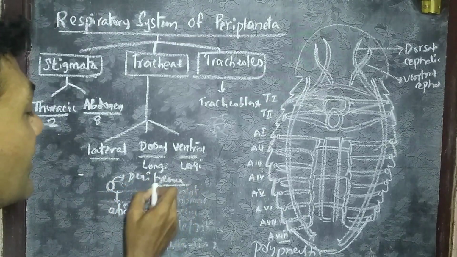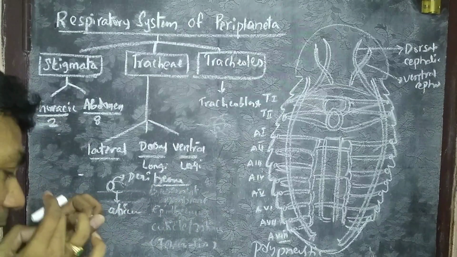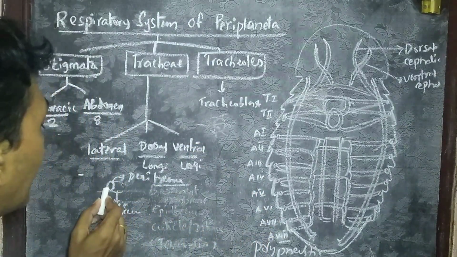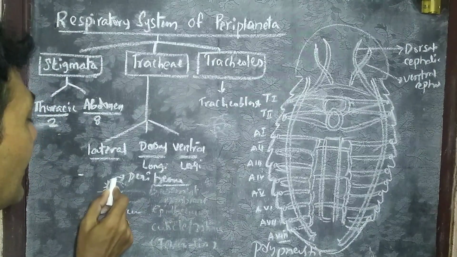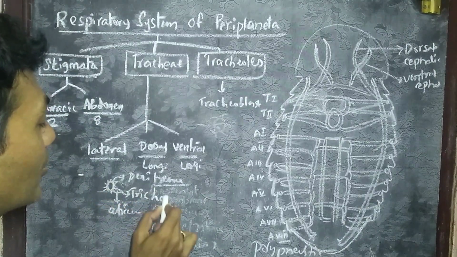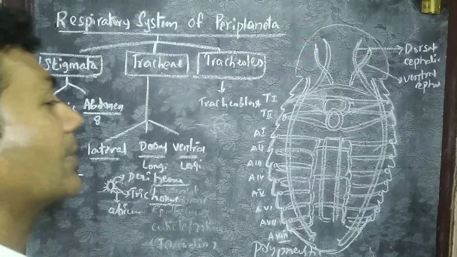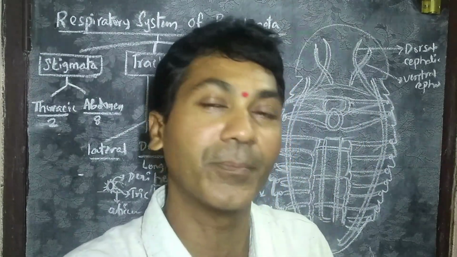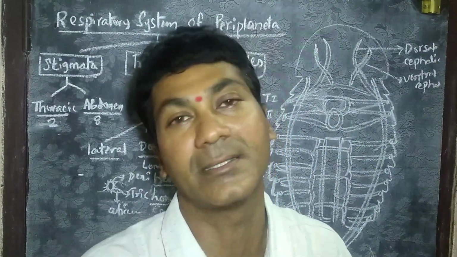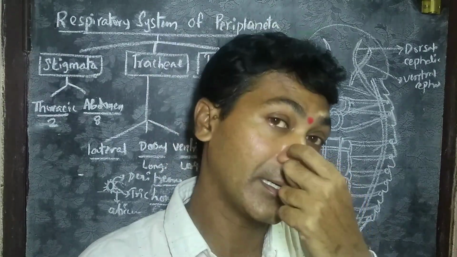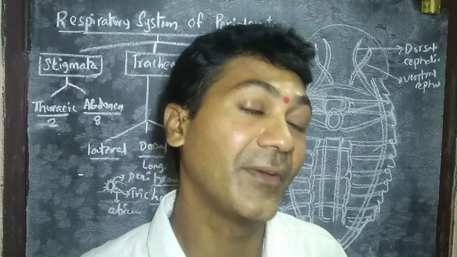Peritreme. Remember the terminology. The peritreme is a covering of each spiracle. And this peritreme contains fine hair-like structures known as trichomes. These trichomes help in stopping dust particles from getting inside, as we have hair in our nasal chambers, right?